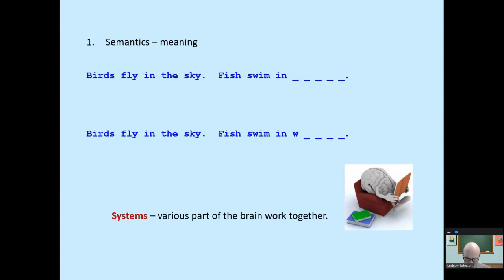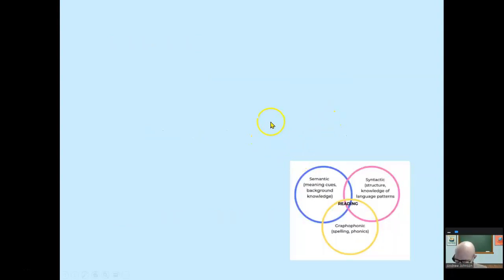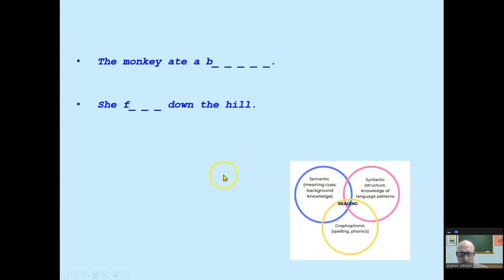The beginning letter is sufficient. It would be inefficient to attend to all the letters. The monkey ate a... Most of us know what that is. She blank down the hill. Most of us know what that is using context. That is the semantic cueing system.